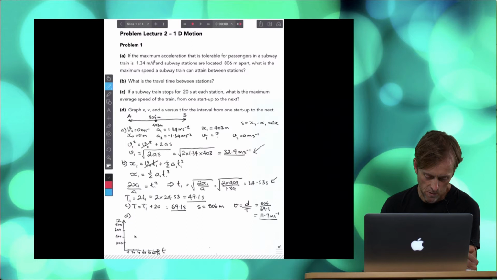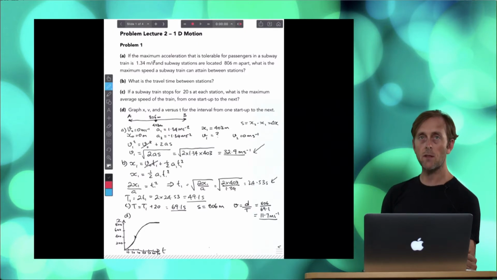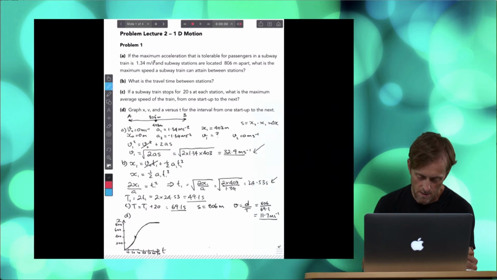So our position would look like it's going like this. And then in the next 25 seconds, so up to 50, we got to around 800. But we were decelerating, so our graph should start to be more concave like that. So that's what our position should have looked like. And then for the next 20 seconds, we pretty much did nothing. So the position didn't change. So that looks roughly like a good sketch of the position versus time graph.